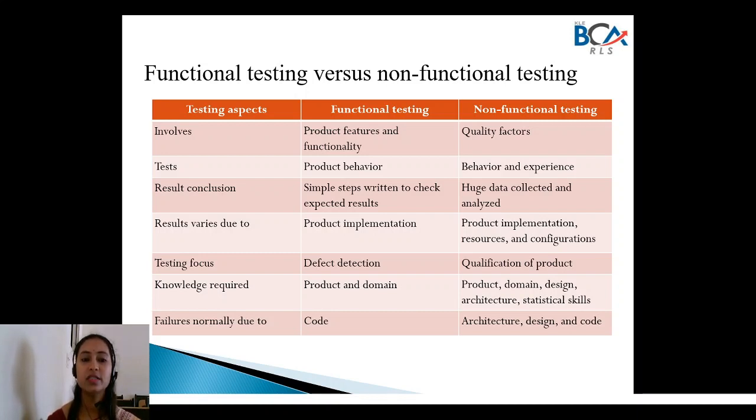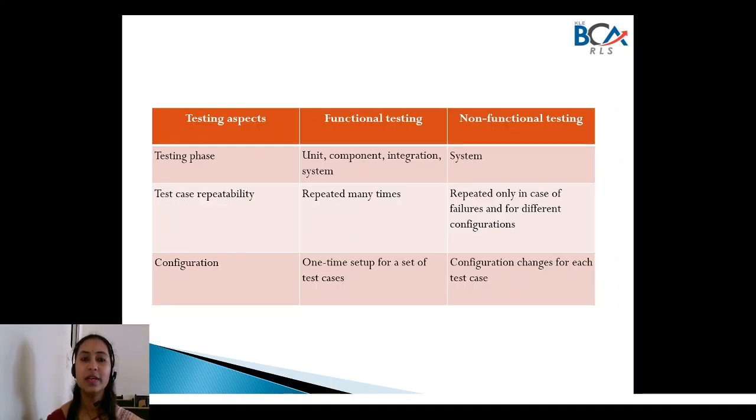Failures are normally due to code in functional testing, and in non-functional testing, due to architecture or design, or it can also be code. The testing phases in functional testing are unit testing, component, integration and system testing, and on the non-functional side, only system testing.